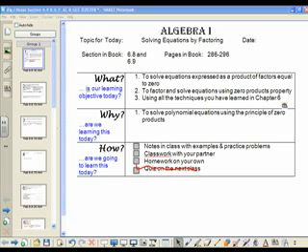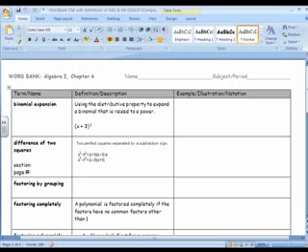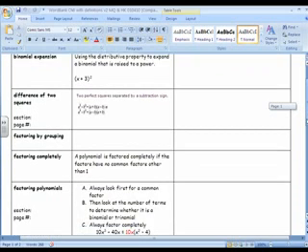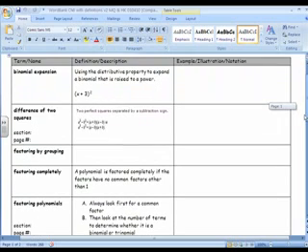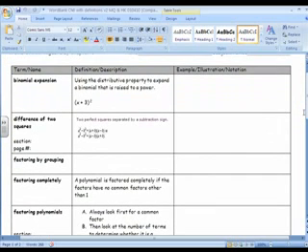All right. So in our word banks, we have some of these already filled out. We've talked about binomial expansion, which is what we talked about last time. You should have an example, the stuff about Pascal's triangle.